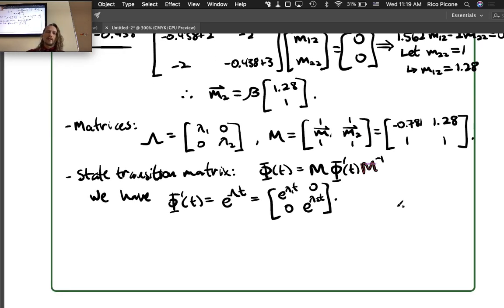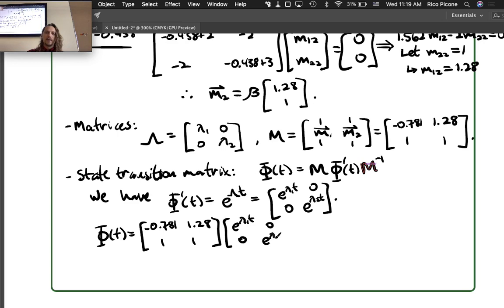So if we go ahead and plug this in, we get phi of t equals M, negative 0.781, 1.28, 1, 1, times e to the lambda 1 t, 0, 0, e to the lambda 2 t.